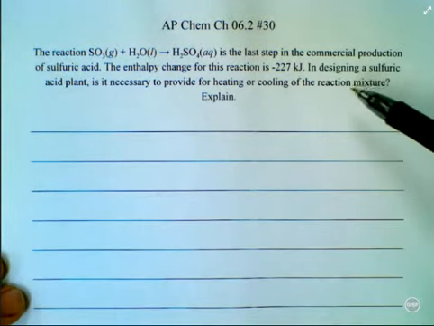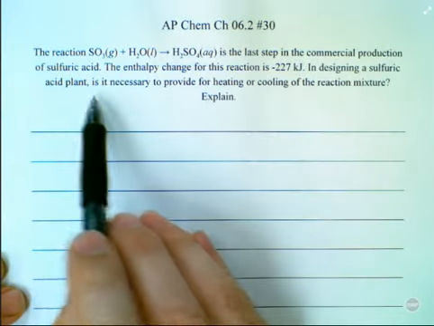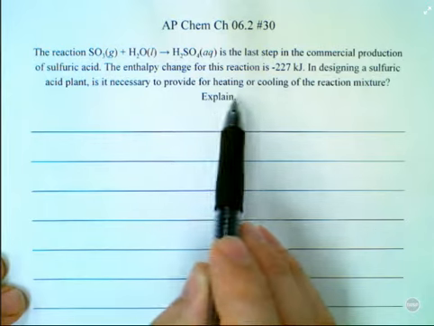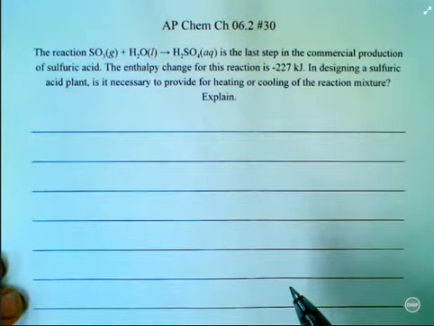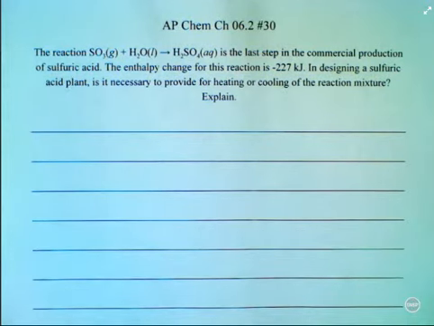In designing a sulfuric acid plant, is it necessary to provide for heating or cooling of the reaction mixture? So basically this is going to ask us, when we're creating this sulfuric acid, do we need to cool the plant or heat the plant? In order to do that, we need to figure out whether or not this reaction is releasing heat or absorbing heat.